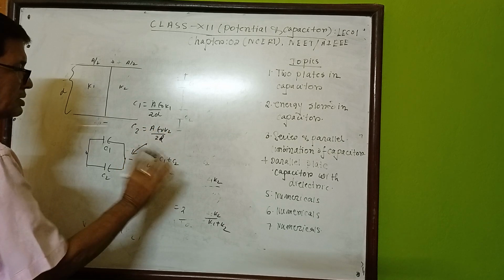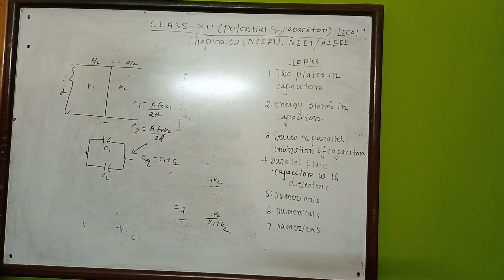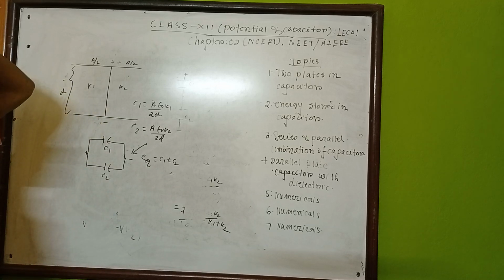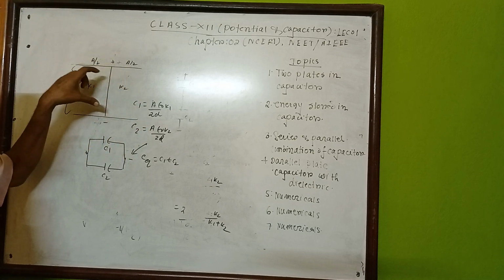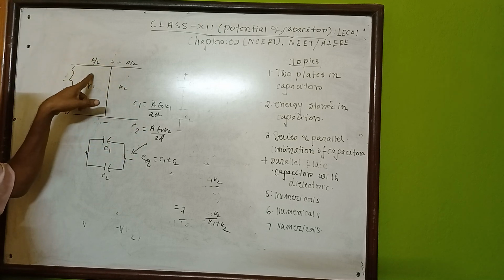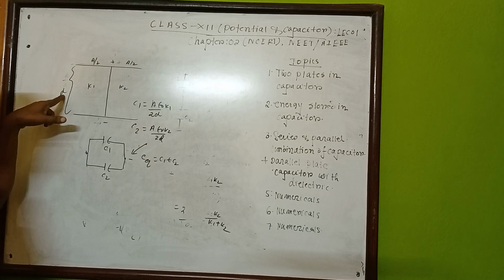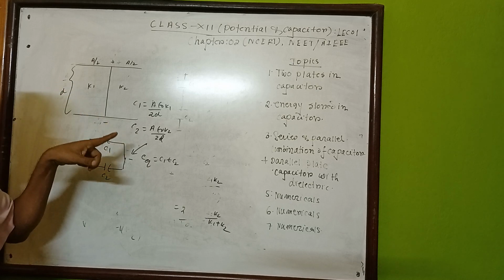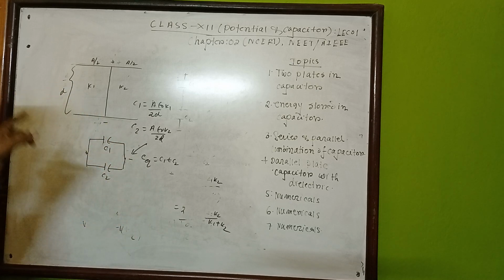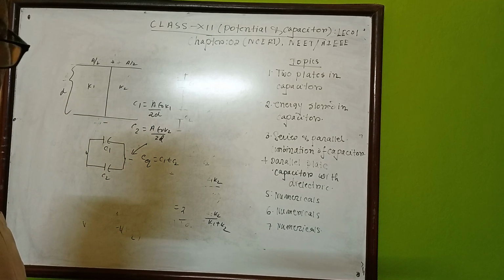Put it here, you get the answer. So very easy. This problem is very important for NEET and for any typical exam. When thickness is same, then they are parallel. If area is same, then they are series. For your tips, you remember this.